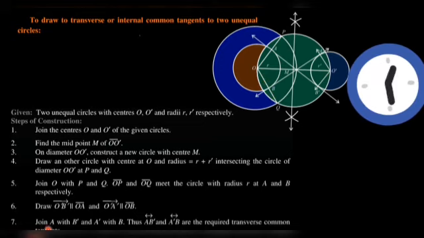Now we join A with B prime and A prime with B. We join these two and extend them. Similarly, we join B with A prime and extend it also. Therefore, AB prime and A prime B are the required transverse common tangents.